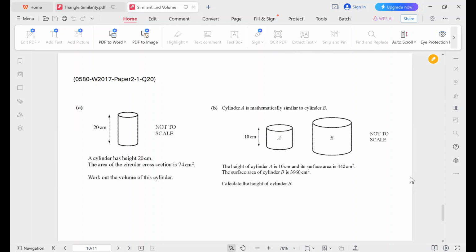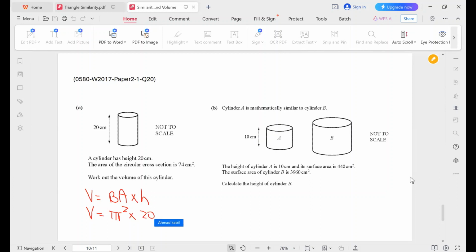A cylinder has height 20 centimeters. The area of the circular cross-section is 74. Work out the volume of the cylinder. Of course, the volume of a cylinder is base area multiplied by height. So the volume is pi r squared, which is the area of the circular base of the cylinder, multiplied by the height, which here is 20.